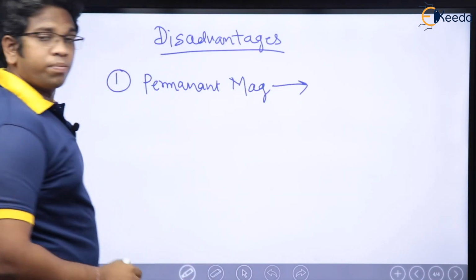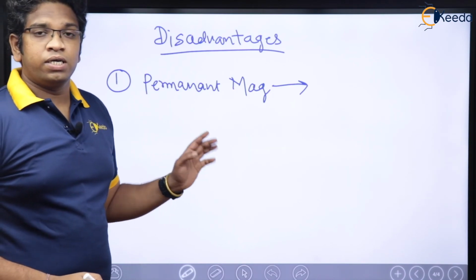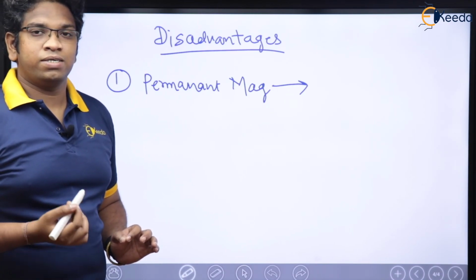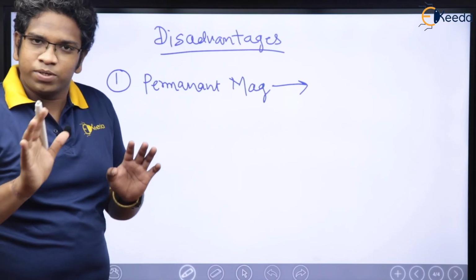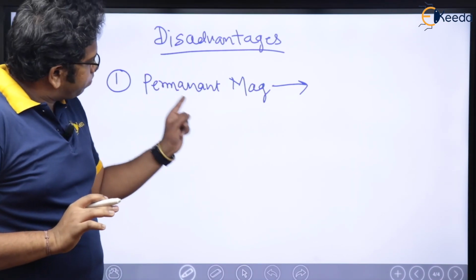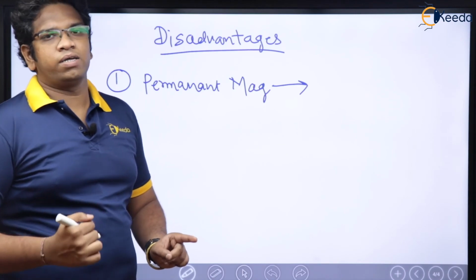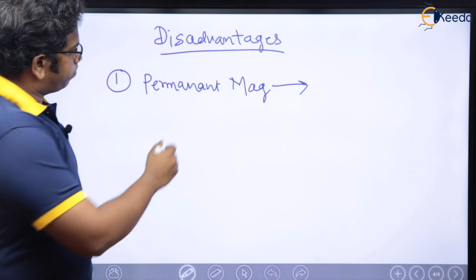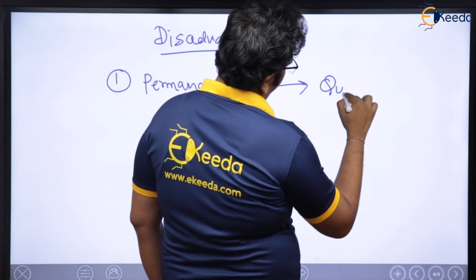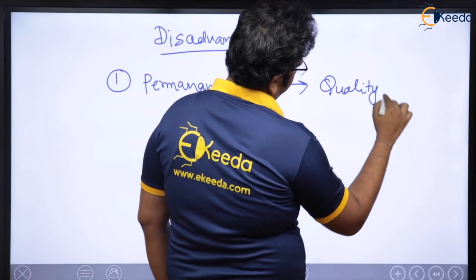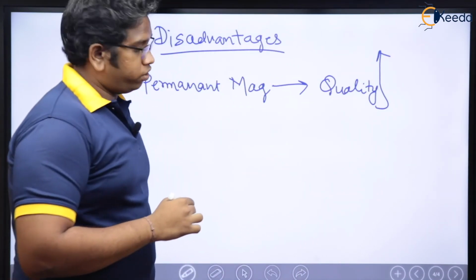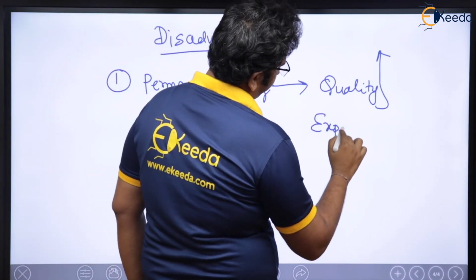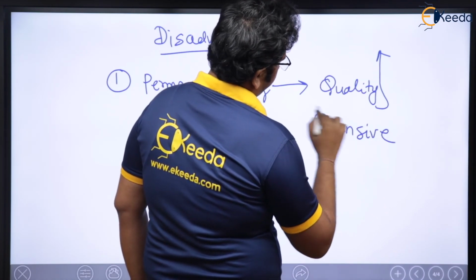The permanent magnet used here is of the highest quality, not cheap stuff, because you need high torque and high speeds. If the quality is more, it means it is going to be expensive. This is the first drawback.